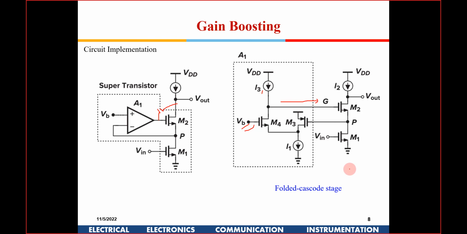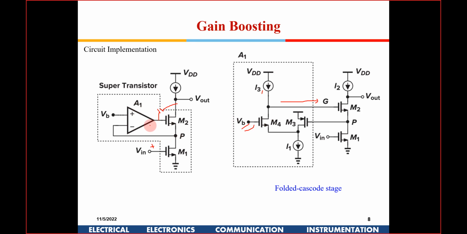Sir, I have one question. In the super transistor, this gate you are connecting to Vin, right? Is it Vin plus or Vin minus? This is single stage, so you can consider it a separate voltage. But this point P that you are connecting to Vin minus, this is from a differential amplifier, right?